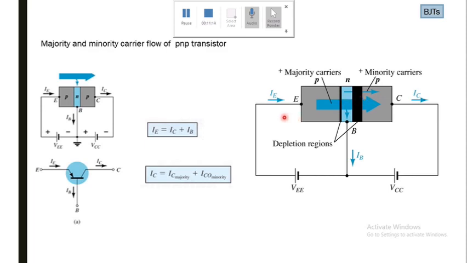If you see the flow of currents at the terminal level, we have IE flowing in, IB flowing out, and IC flowing out. By KCL we can write this equation: IE is equal to IC plus IB.